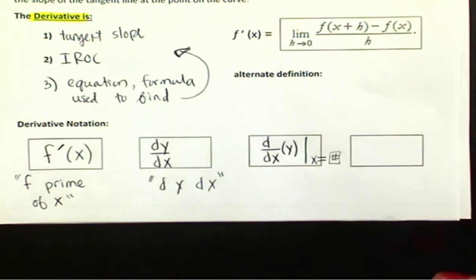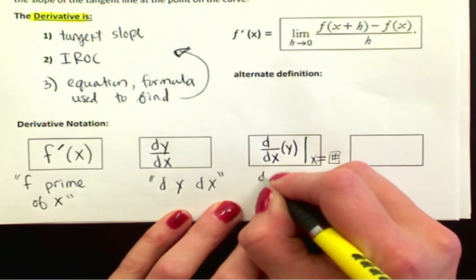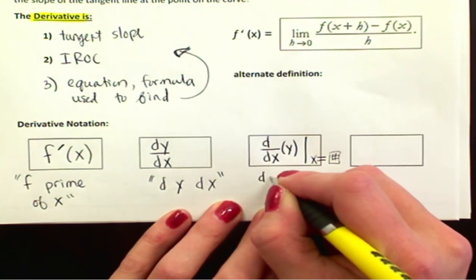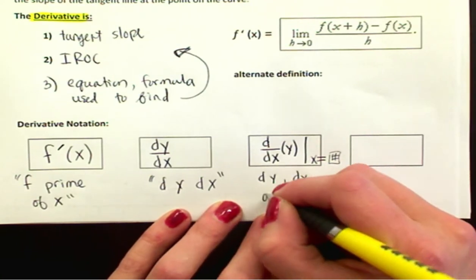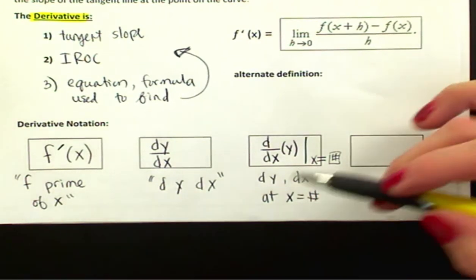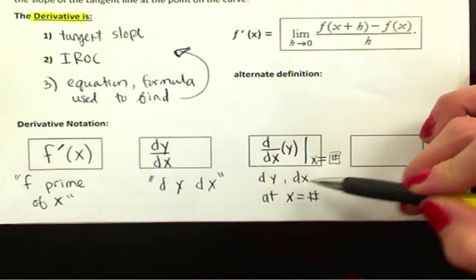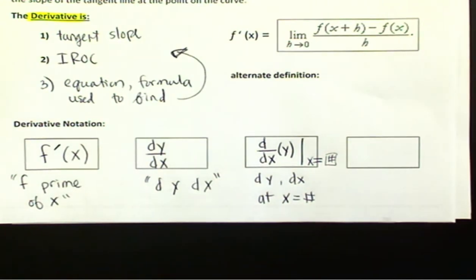And I'm going to translate. What does that notation mean? It means dy dx at x equals a number. Instantaneous rate of change at x equals a number. This is for evaluating. It's like finding the number.